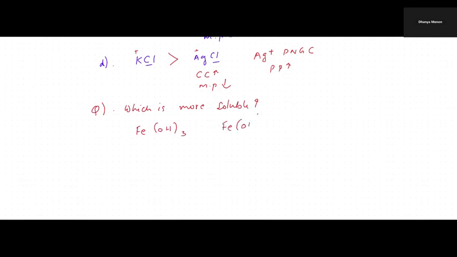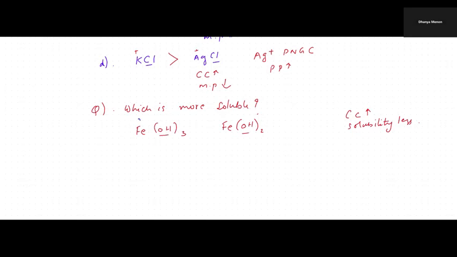If the covalent character is more, solubility is less. Here, the anion is the same, so we go with the cation. Here the cation charge is 3 plus.